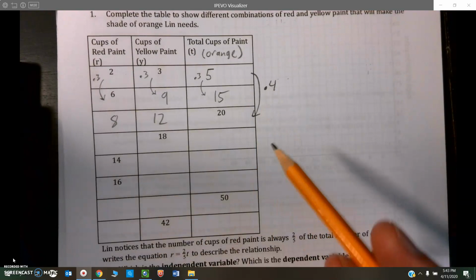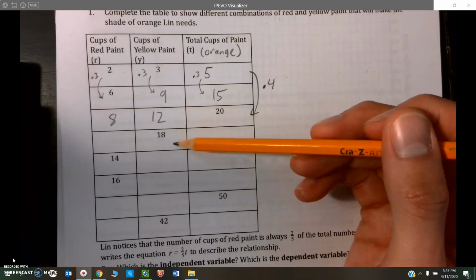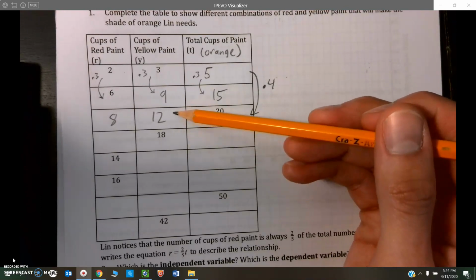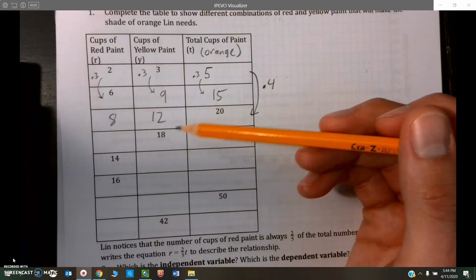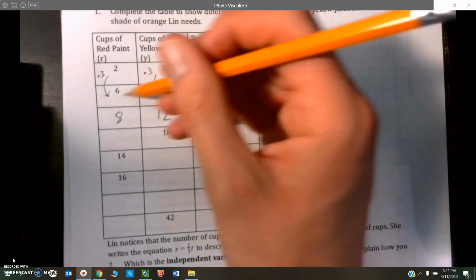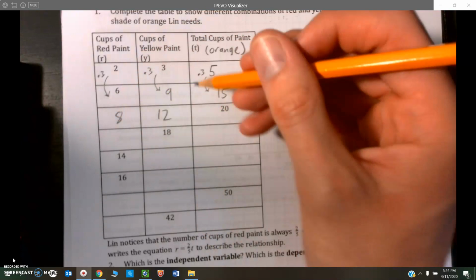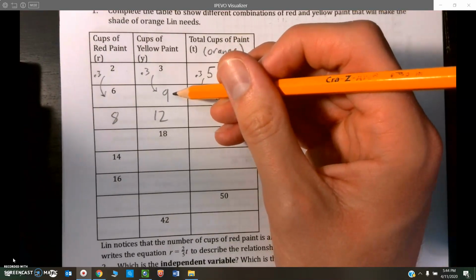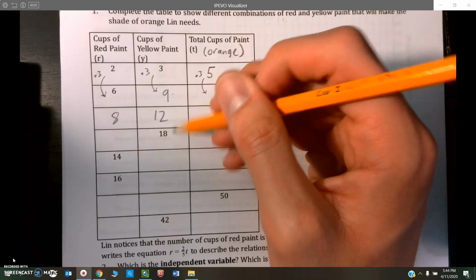Okay? And so here we're going up to 18. You can see that 12 is not a factor of 18. 12 cannot multiply by anything to evenly fit into 18. But we could use this row right here. Because remember, all of these are equivalent. They would all make the same color orange. So we're going to use this second row because I know that 9 fits into 18.